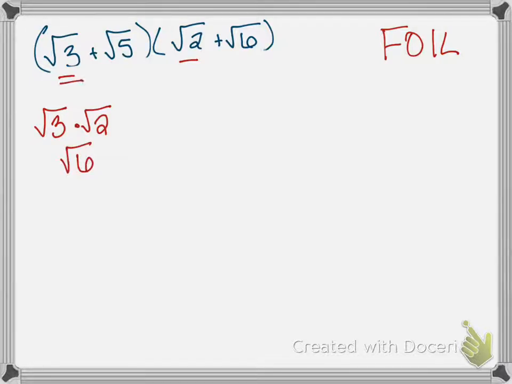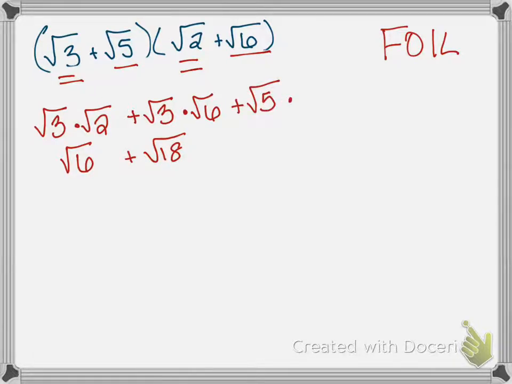The square root of 3 times the square root of 6. That's the square root of 18. Square root of 5 times the square root of 2. That's the square root of 10. Square root of 5 times the square root of 6. And that is the square root of 30.